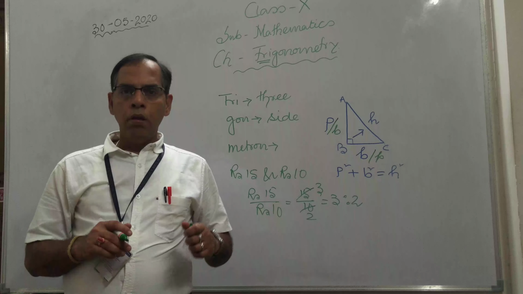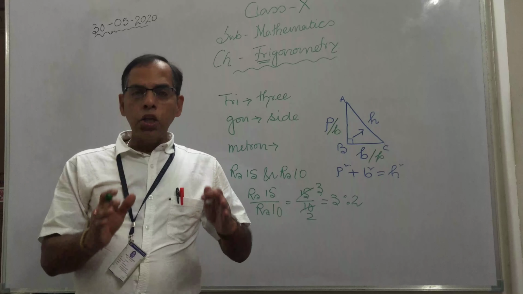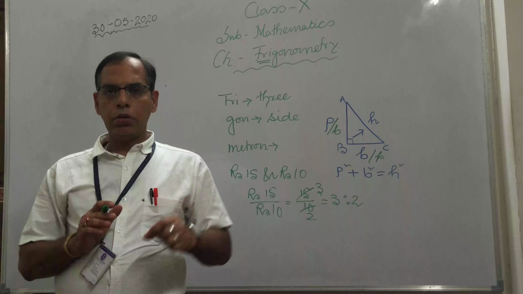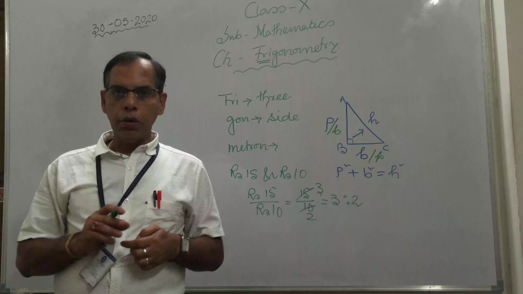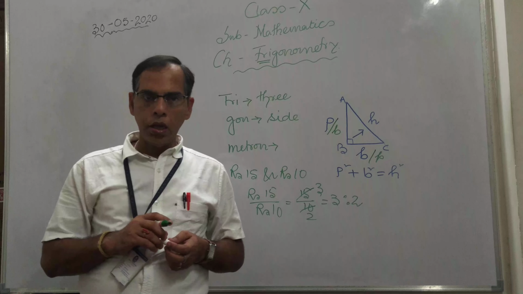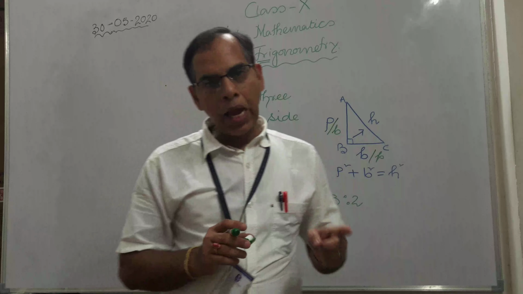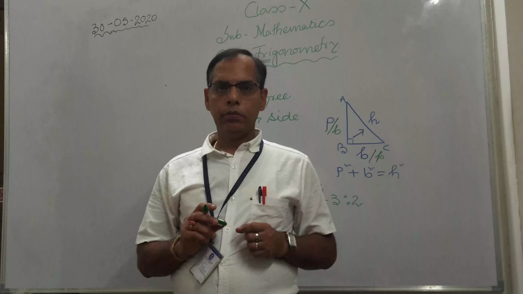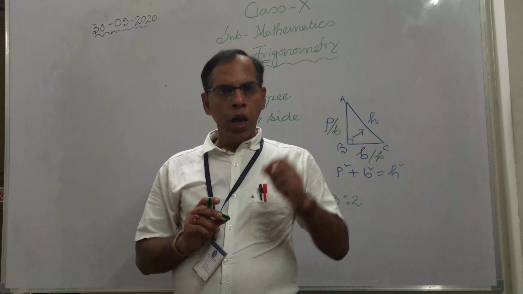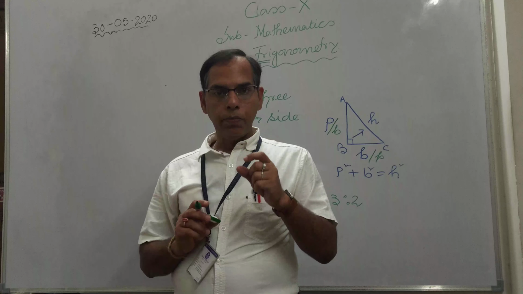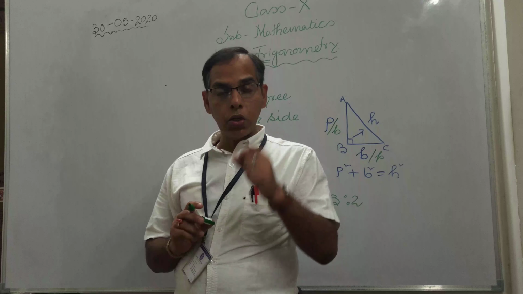Actually, the ratio of the sides represents a particular trigonometric ratio. And those trigonometric ratios are sine, cos, tan. And what is the ratio of the sine? Which are the two sides in the ratio?